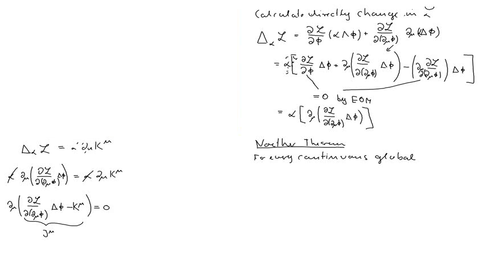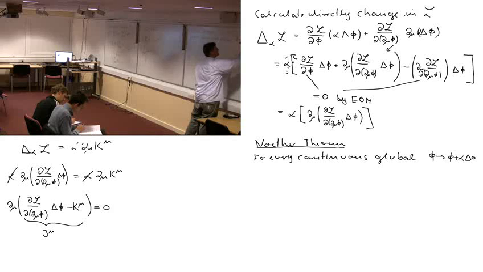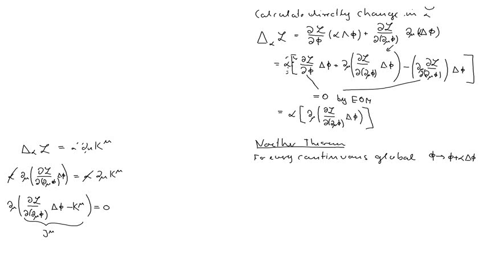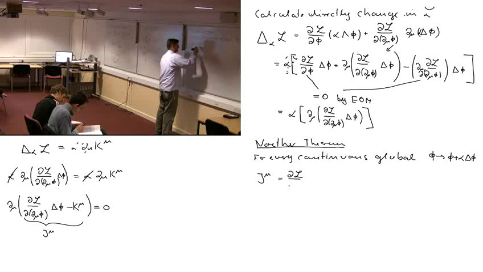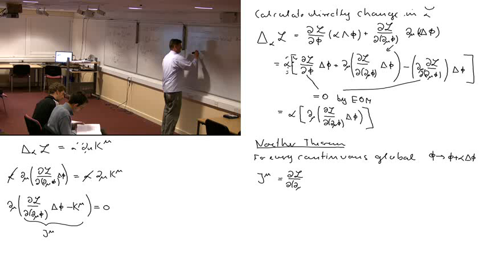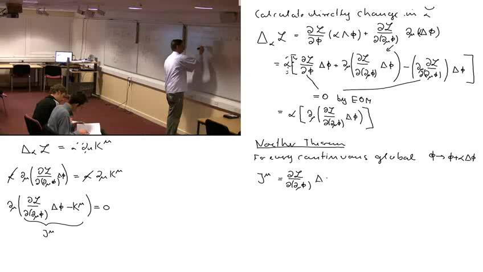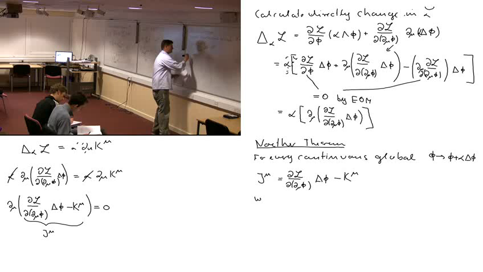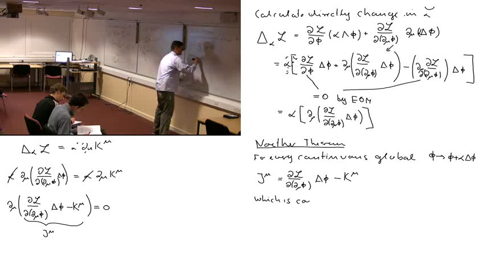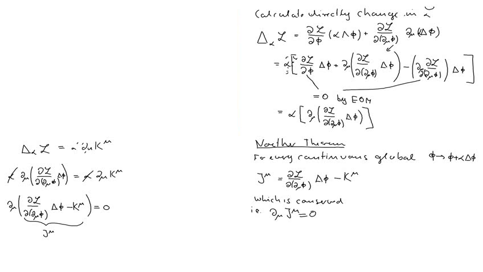For every continuous symmetry, phi goes to phi plus alpha delta phi, we have a current, J mu, dL by d mu phi delta phi minus k mu, which is conserved, and this is an equation you know very well from electrodynamics.